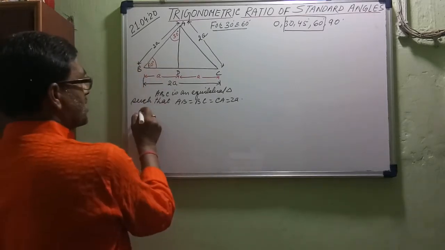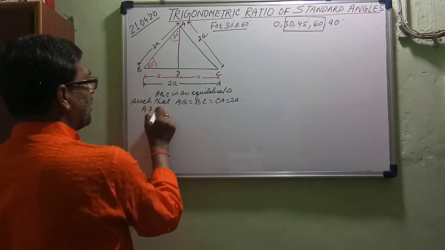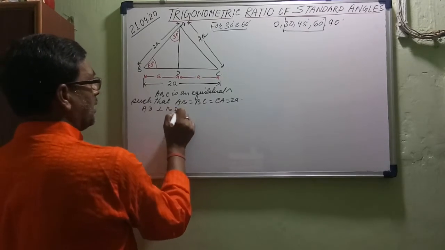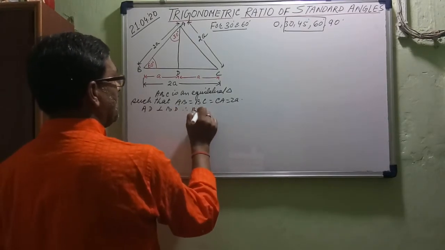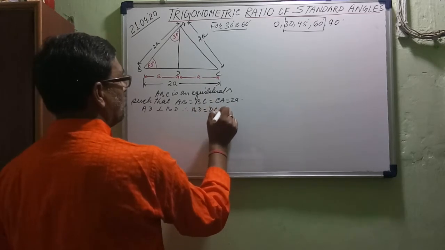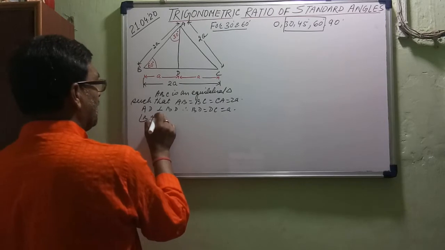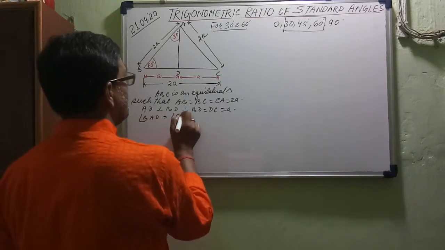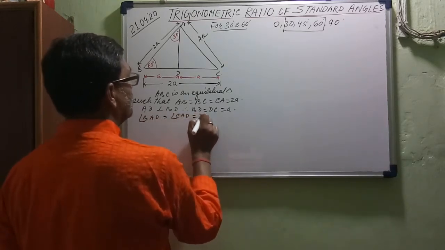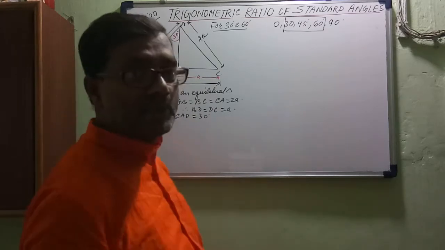Now, one construction is required, AD perpendicular to BC. Therefore, BD is equal to DC is equal to a, as well as angle BAD is equal to angle CAD is equal to 30 degree. How does it happen?